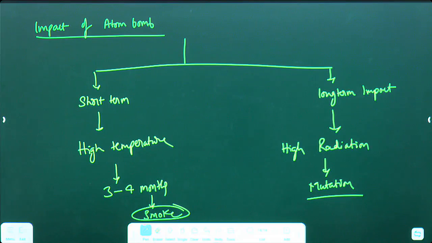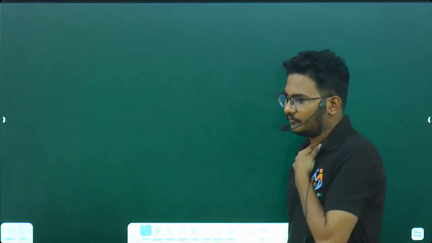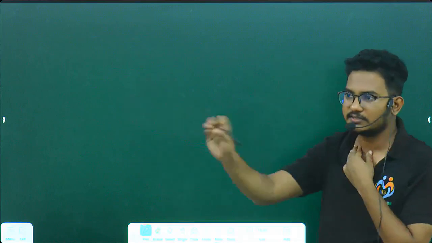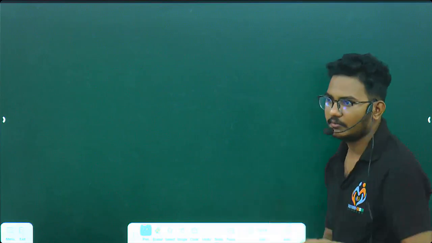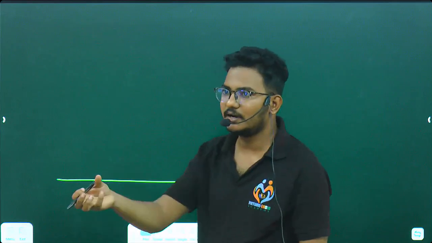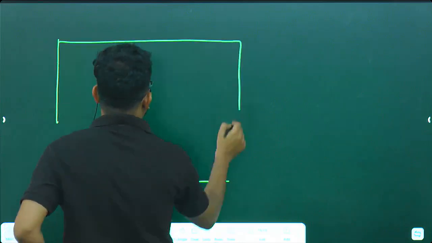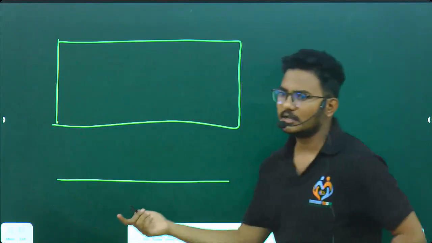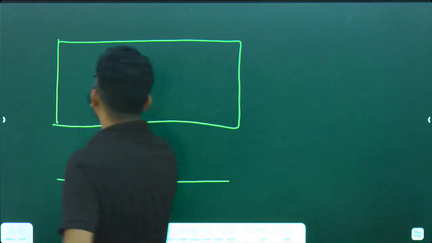Okay, now UPSC has asked a question from here. See what happens here is, for 3 to 4 months 1000 degrees Celsius will be there, and then slowly the temperature will come down. In this process, I have already told you, there is enough smoke. Smoke and ash particles, dust particles will create clouds, and the clouds will be dense, because there is more smoke and more dust flowing into the atmosphere.